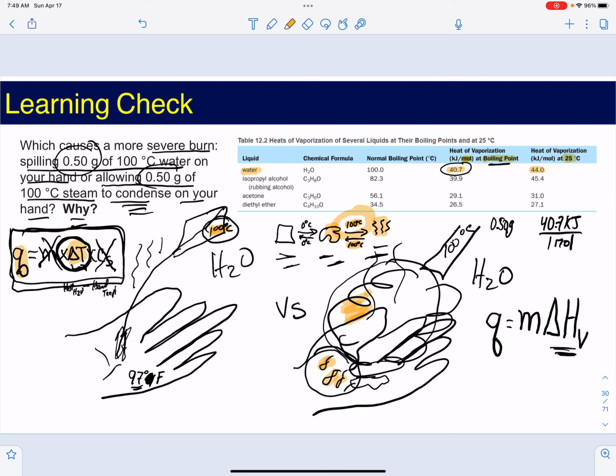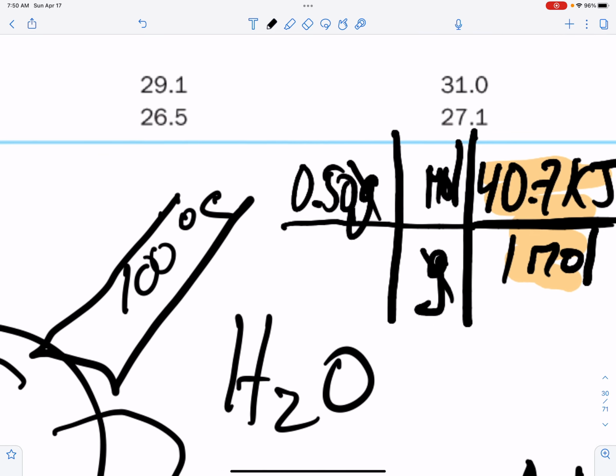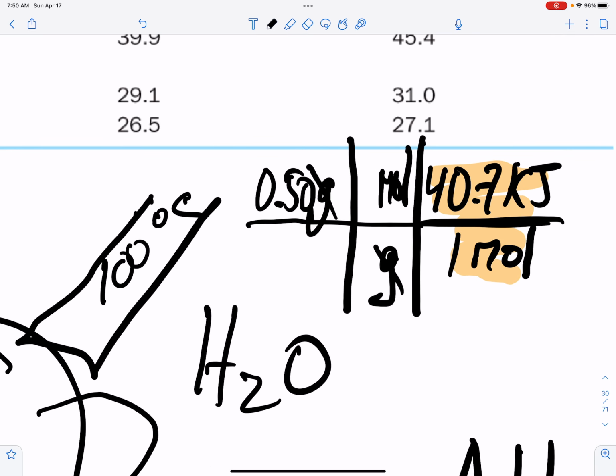As you notice, this is nothing more than a conversion factor. So we are able to use a train track, but to do that, you have to cancel the grams first because you need moles, and then cancel your moles, and that's going to give you kilojoules.